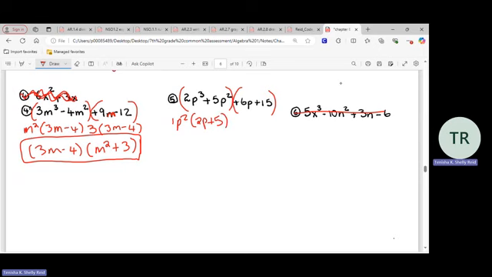Between 6p and 15, the greatest common factor between 6 and 15 is going to be 3. So it's 2 times 3 and 5 times 3. So then we're going to factor out a 3, and I'm left with 2p plus 5.